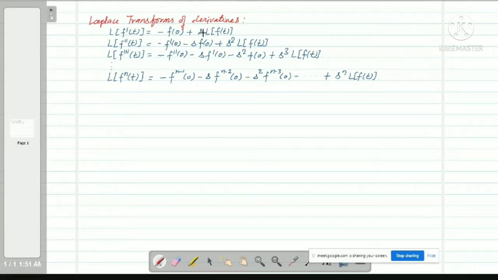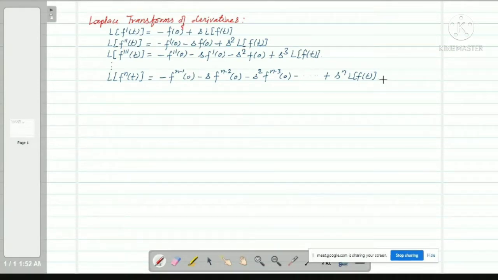First order derivative, so s to the power 1 times Laplace transform of f of t; f double dash means second order derivative, so here s square into Laplace transform of f of t, and so on. The first terms, up to n minus 1 terms, are negative, and the last, final term will be positive. So please remember this formula, and we will see how to use it to find the Laplace transform of the derivative of a function.